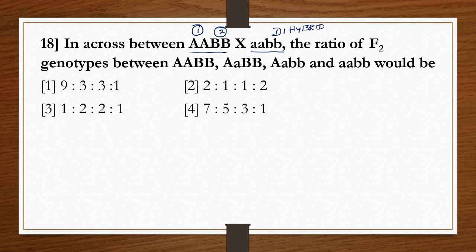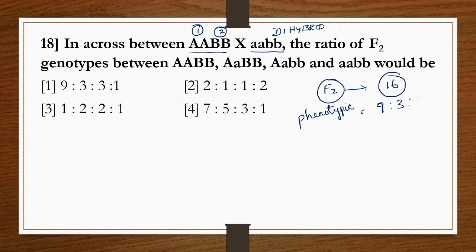Then coming to the F2 generation, it produces a total of 16 offspring. In this dihybrid cross, the phenotypic ratio is 9:3:3:1. Then we come to the genotypic ratio.